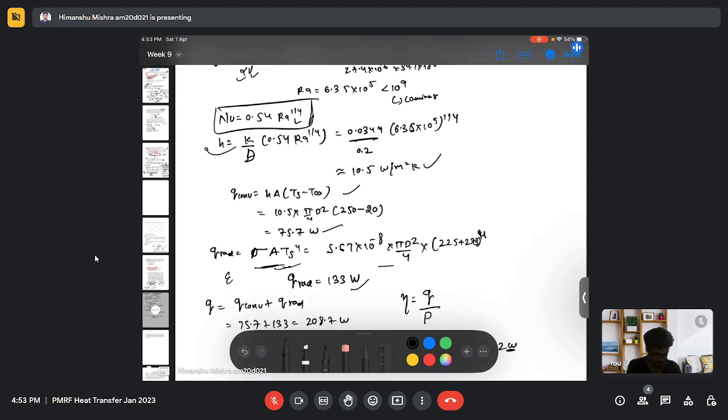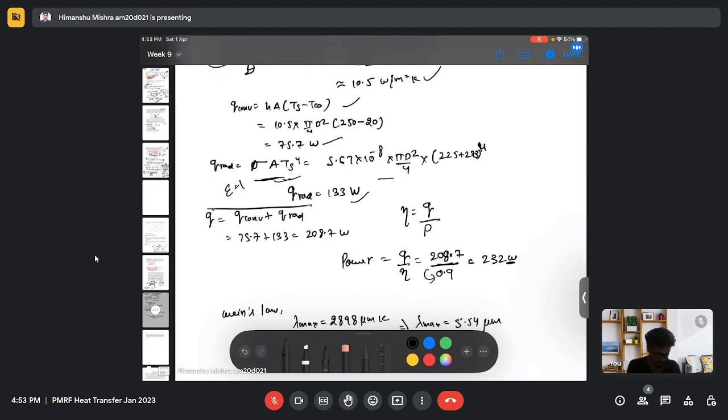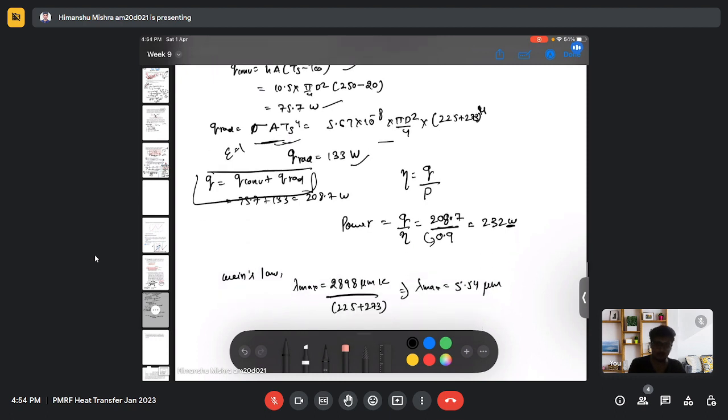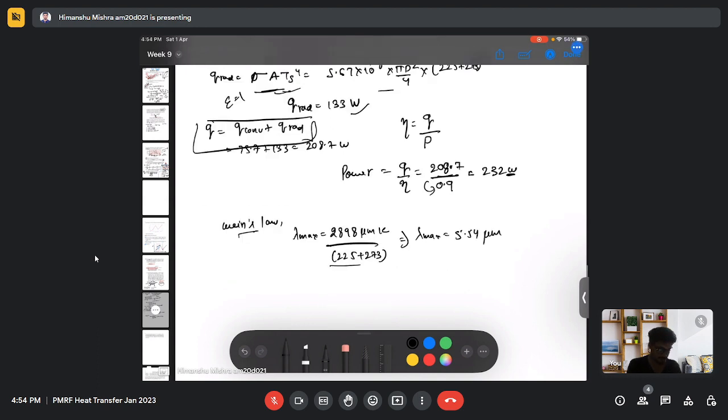Here the emissivity is 1, which is given in the question, and my total heat transfer is just the summation of the two, the combined effect of convection and radiation heat transfer. Then to determine the maximum wavelength emitted due to radiation heat transfer, we use Wien's law, where we just put in the surface temperature in Kelvin to directly get the maximum wavelength it can emit.